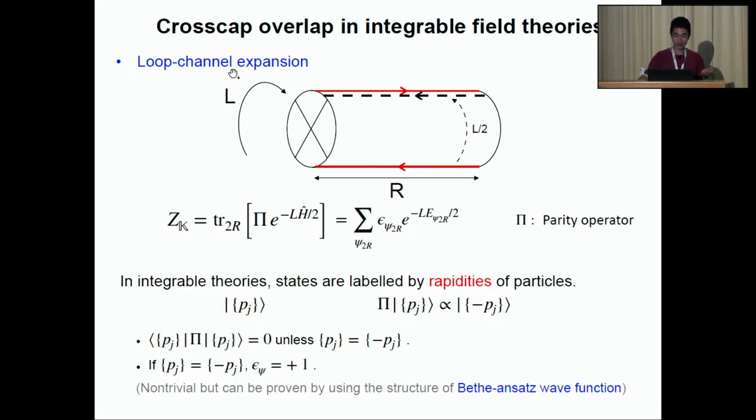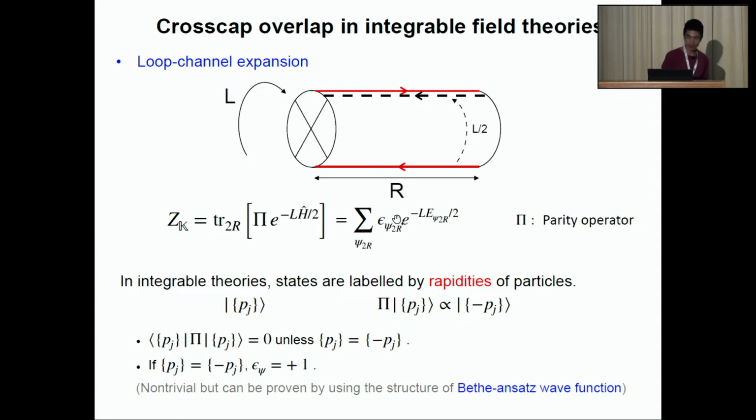So in the loop channel expansion you get a trace over a system of size 2R, time evolved by -L/2, with the parity operator inserted. If you write this trace explicitly using the eigenstates of parity, you get an expression where epsilon is the parity eigenvalue, -1 or +1.